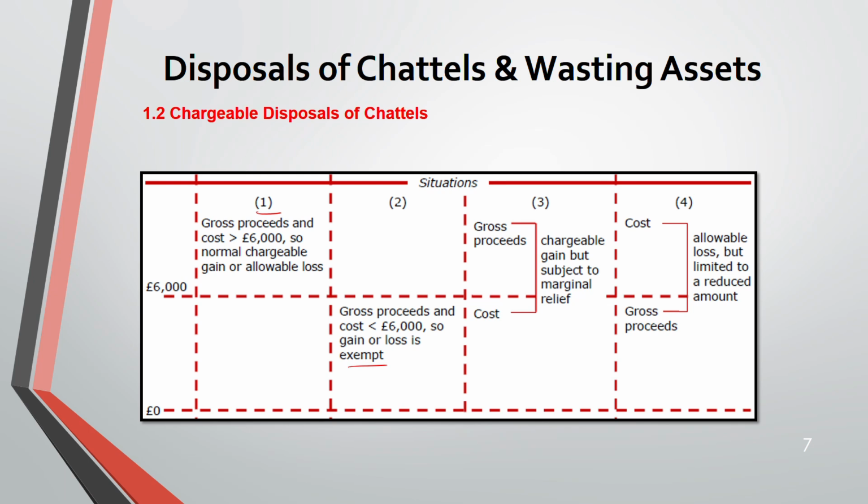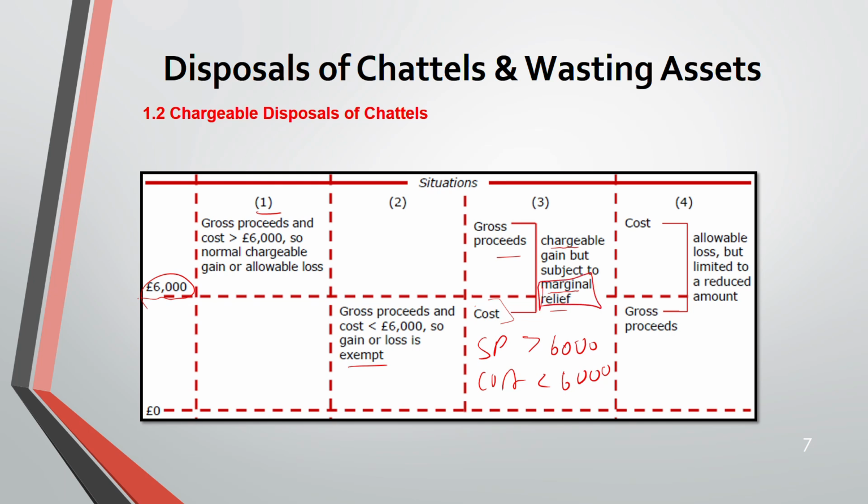In situation 3, your proceeds are more than 6,000, cost is less than 6,000. As you can see, proceeds are above 6,000, cost is less than 6,000. So in this case, it is chargeable, but there is some marginal relief.